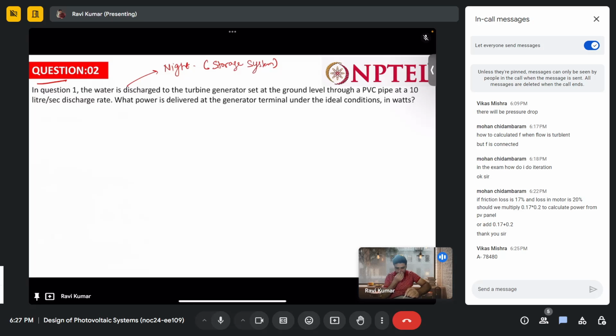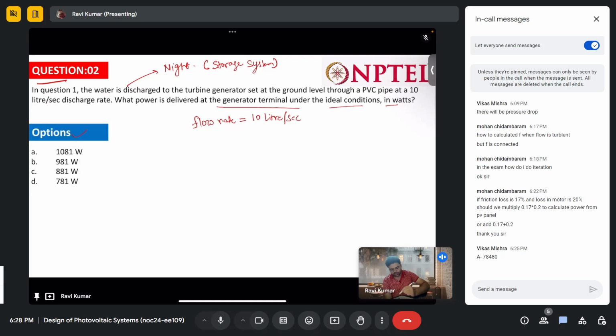The water is discharged to a turbine generator set at the ground level through a PVC pipe at a flow rate of 10 liter per second. What is the power delivered to the generator terminal under the ideal condition in watts? And these are the options.